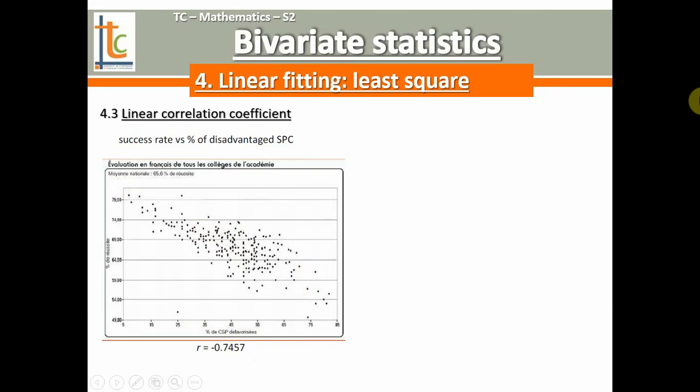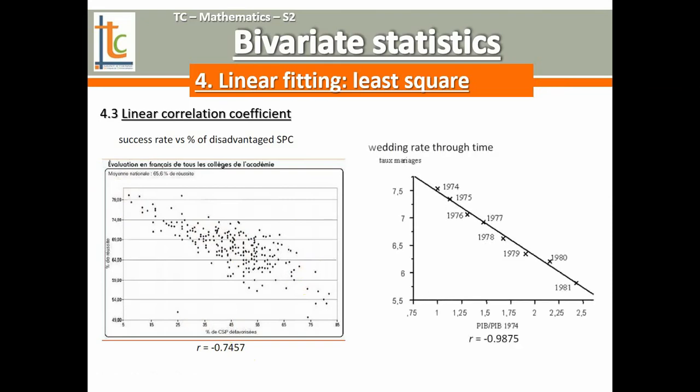A last example, which is not based on the appreciation of the linear correlation, though it's very good. Negative 0.9875, it's a very good correlation coefficient. You've got here the evolution of the wedding rate in France through time, 1974 to 1981, with respect to the evolution of the GDP.